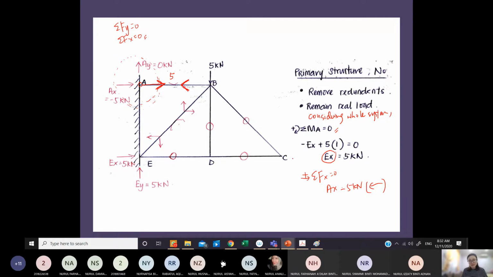I will proceed to joint C here. If you want to draw this free body diagram out, there is no problem. But now you can see that I will have one unknown horizontally. I do not know yet whether it is tension or compression.